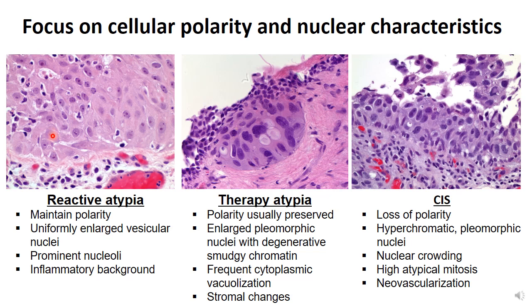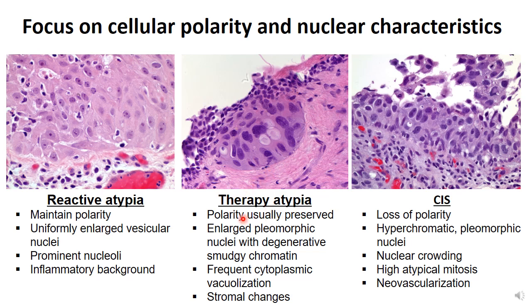Nucleoli typically has an angry look to it, eosinophilic and prominent. And most important is to also appreciate the inflammatory background within the biopsy. And that is very, very important. When you have a very significant intense inflammation, you should have a higher threshold to classify it as a flat neoplastic process.